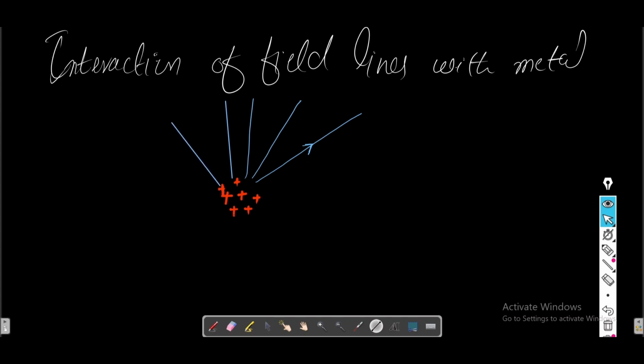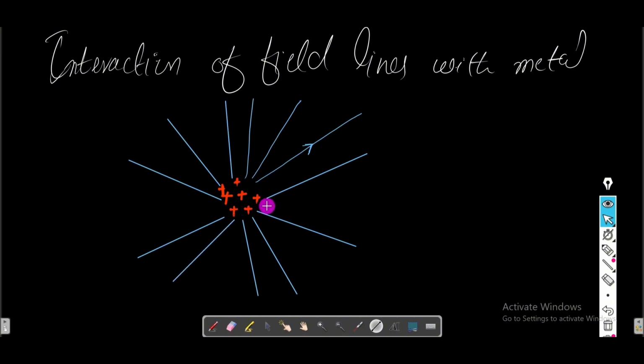These are electric field lines moving away from this positive charge. These lines are moving away from this positive charge. The direction is in this way.